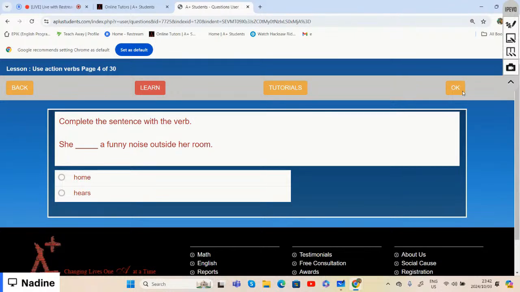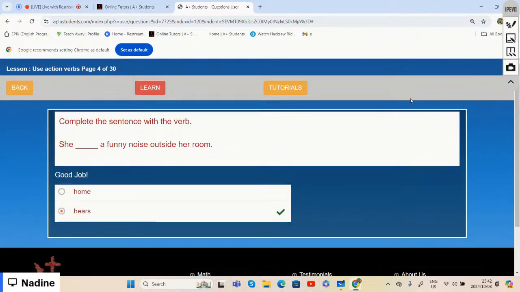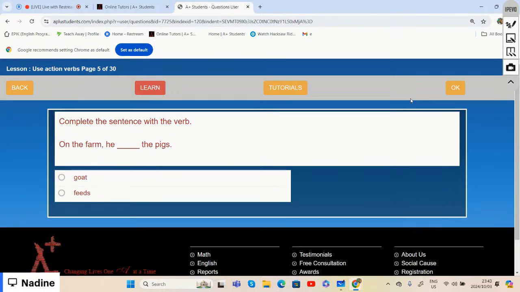We need to choose the correct option. And if we were to complete the sentence with the verb, we can say she hears a funny noise outside her room. Well done. Hears is correct.